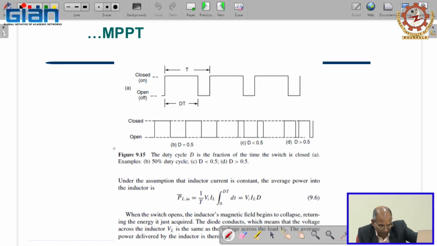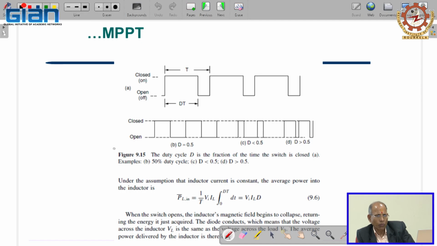Here on one side you have the voltage from the PV panel, on the other side you have the load, and in between you have the converter. By adjusting the switch duty time, you can change the voltage across the output.